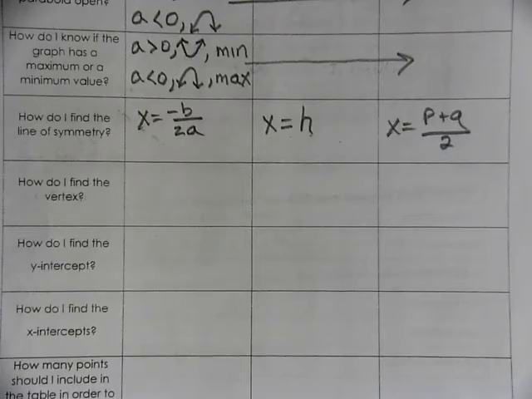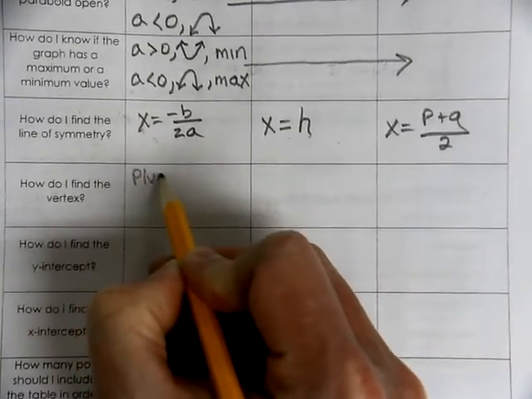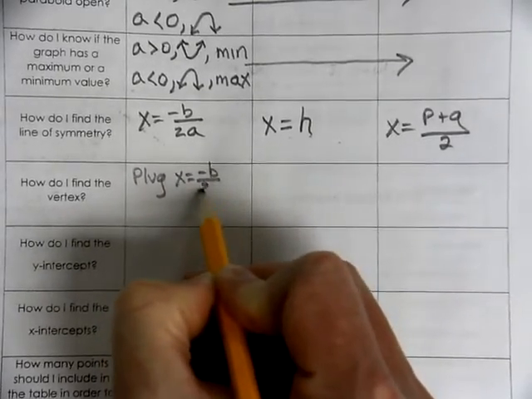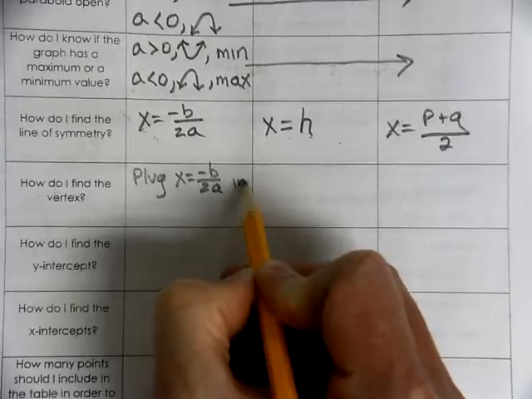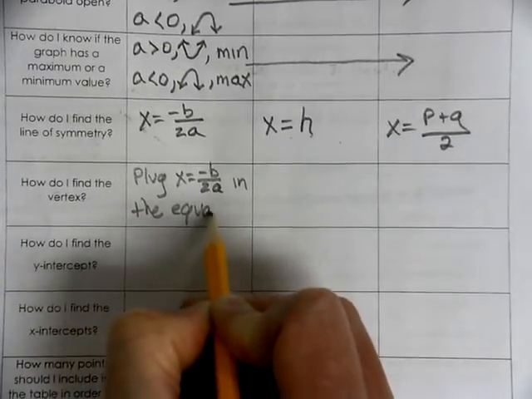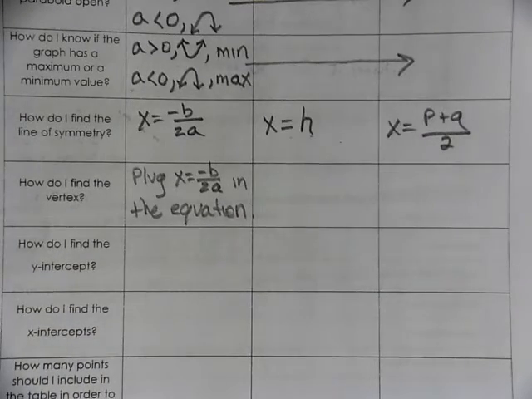In standard form, to find the vertex, we are going to plug x equals negative b over 2a into the equation. So whatever you get for x, that value gets plugged into the equation.